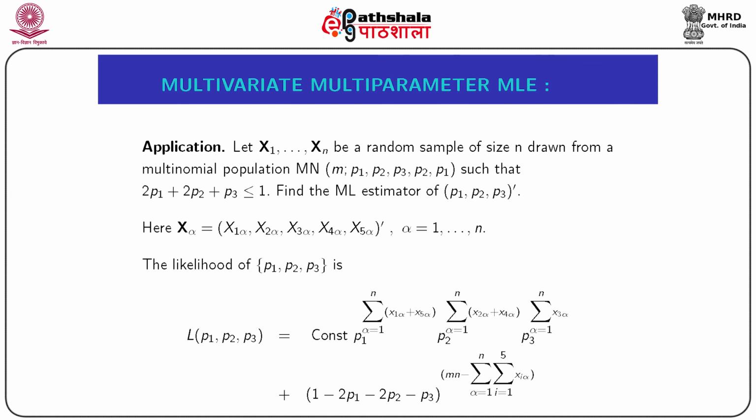Obviously, it is easy to note that it is a 5-nomial distribution with parameters p1, p2, p3, p4, p5, where as a choice p4 is taken as p2 and p5 is taken as p1.